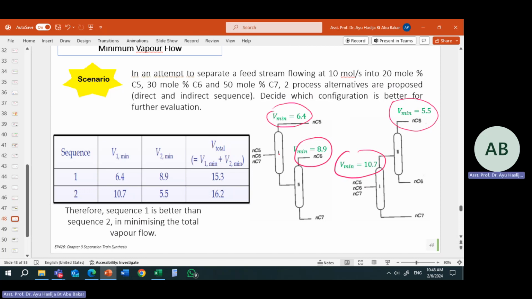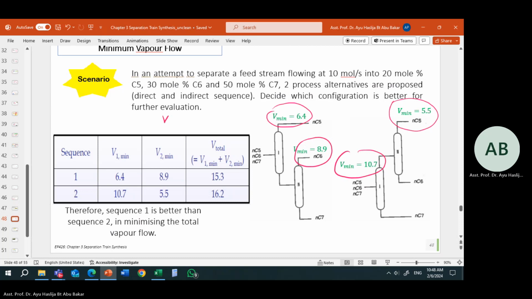From this example, there are two sequences. From the R min calculated, you will calculate the V min from the equation just now.